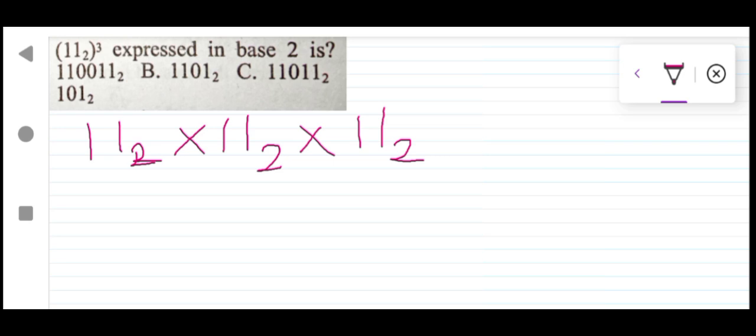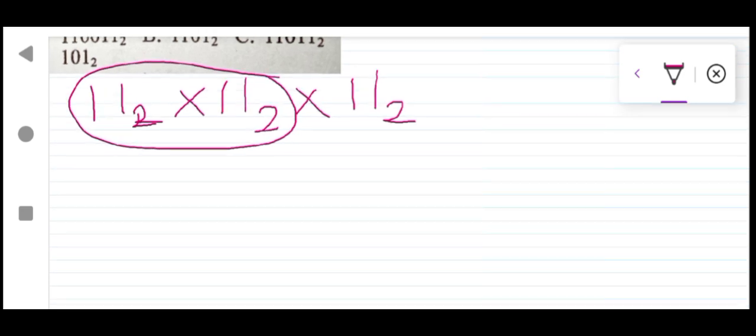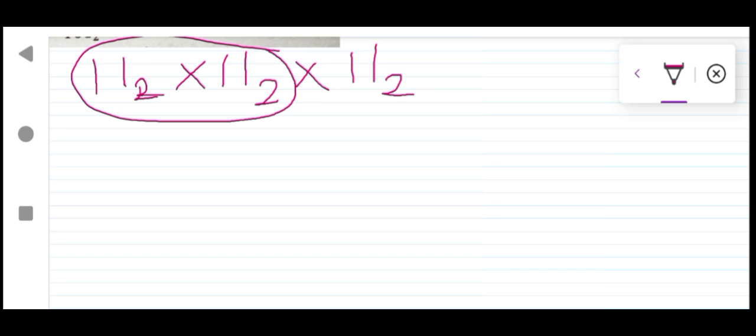And of course, we have to take this one after the other. So let's go with this first part, 1 base 2 times 1 base 2. So let's quickly solve that together. 1 base 2 times 1 base 2.